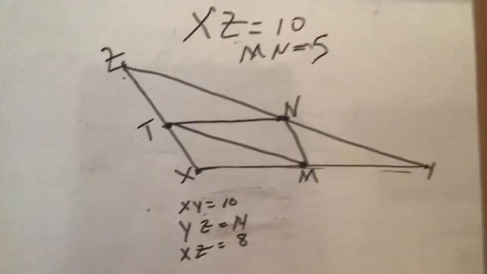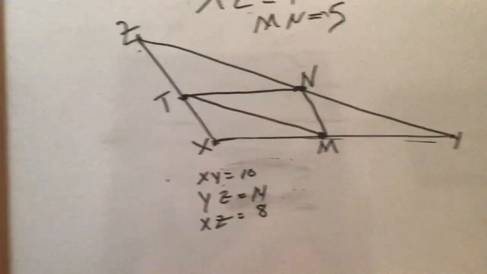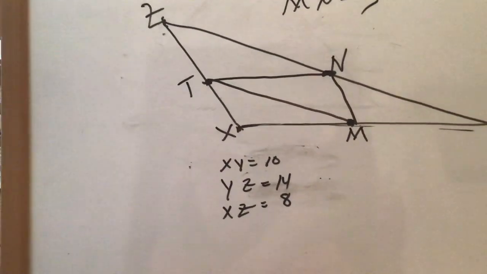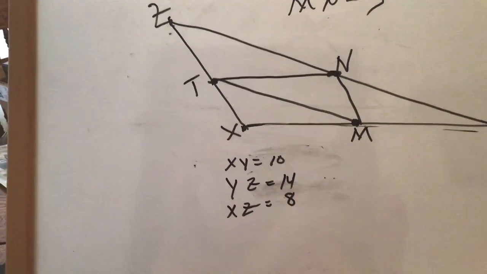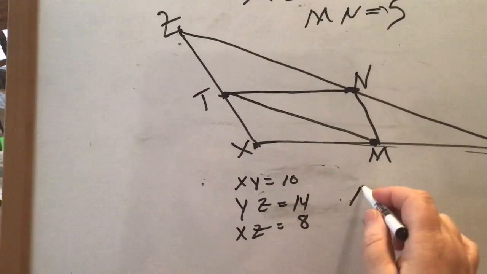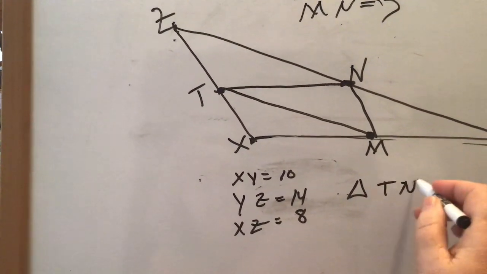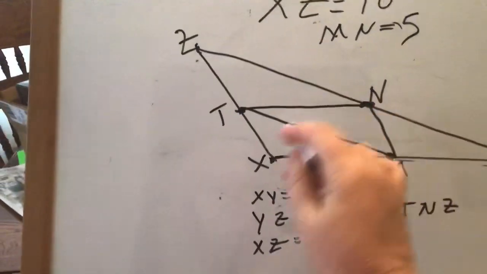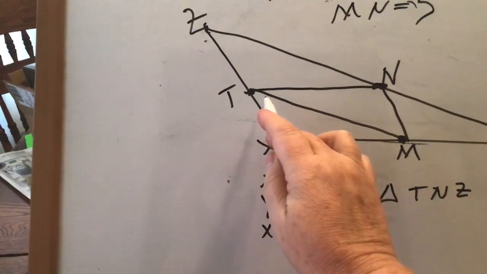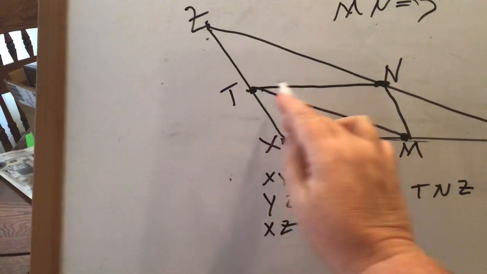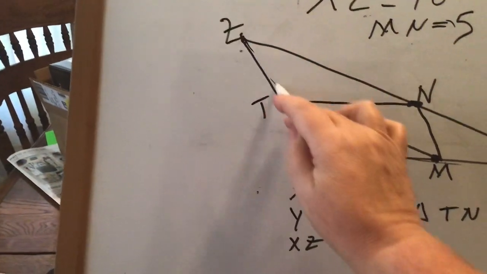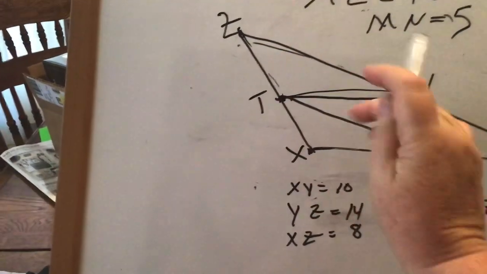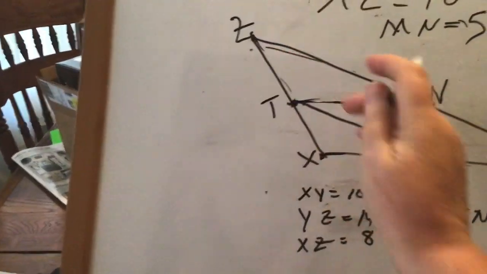So that's the lengths of all the sides of the big triangle. What are the lengths of the 3 sides of triangle TNZ? So triangle TNZ is from here to here, up here. It's that top triangle.